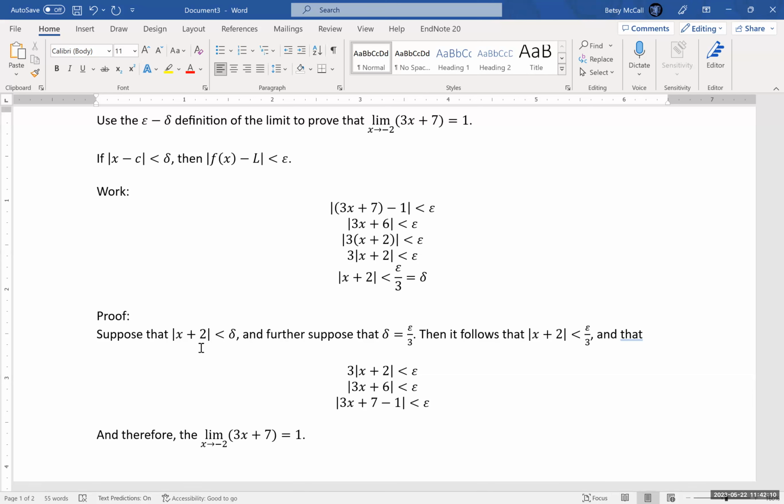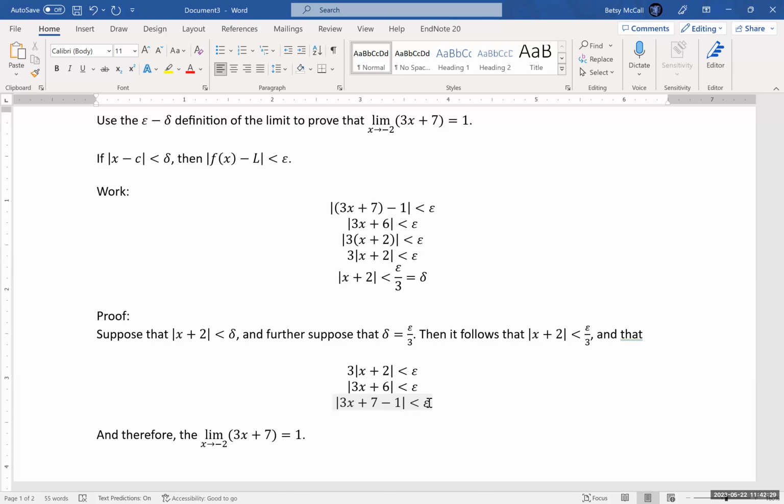And if we relate delta to epsilon by this relationship, then when we work out the algebra, we do get to the absolute value of f of x minus L less than epsilon. Epsilon, again, is another small value.